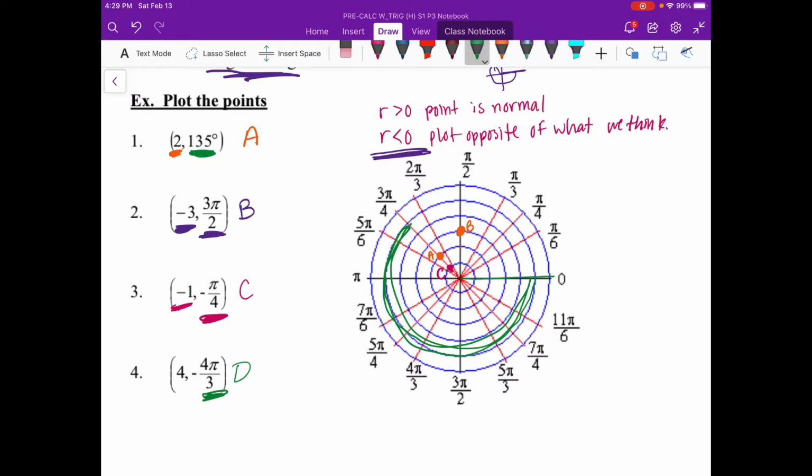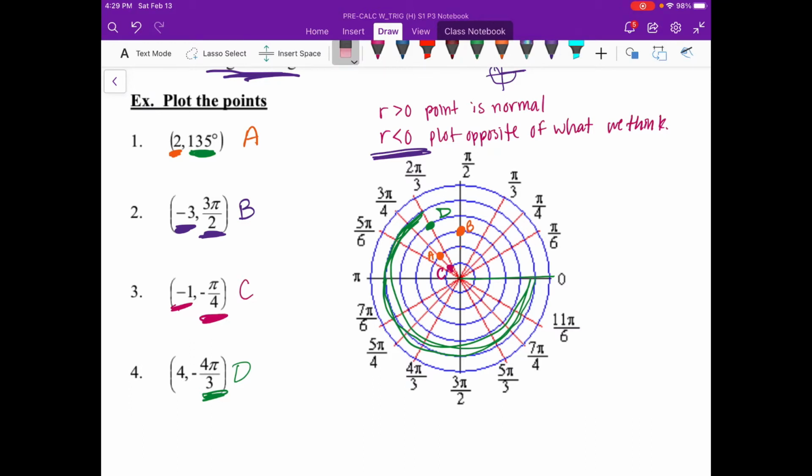And then I want to make sure I'm in the fourth circle starting from the center. So 1, 2, 3, 4, I'm right there. And oops, I missed it. It's actually 1 over here along the fourth circle. And that's going to be the point D.